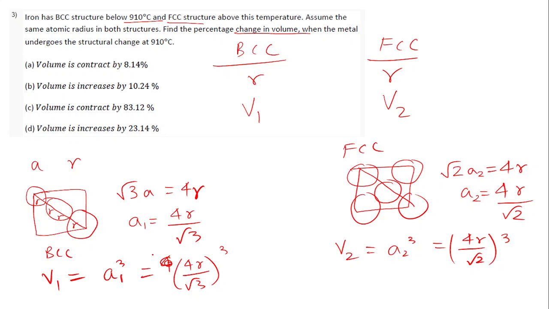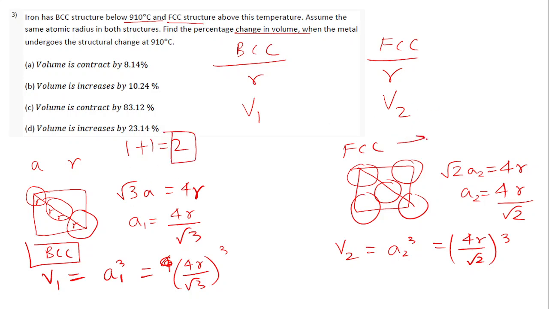But we have to be careful here. In BCC, what are the total number of atoms in this unit cell? In BCC we know we have atoms at the corner, so in total we have 1, and then there is 1 atom in the body center. So total 2 atoms we have in BCC.